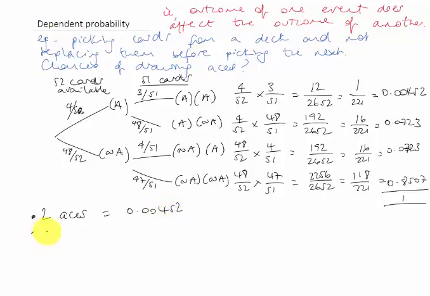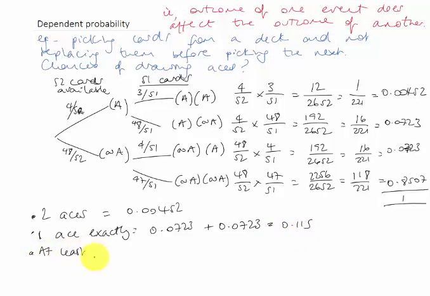And exactly 1 ace: that's either this possibility or this possibility. So we add those together, 0.0723 plus 0.0723, so that's 0.145.